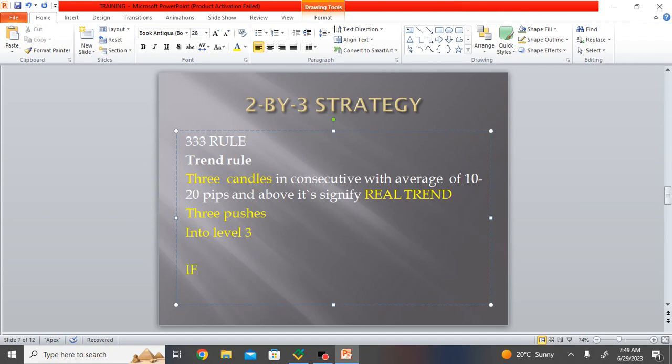Then, how to set take profit, how to set stop loss or cut loss.